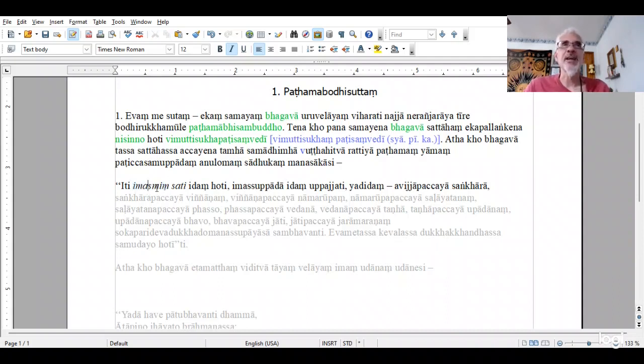This is the demonstrative pronoun this. And then we have this participle, also neuter locative singular. This is from the verb to be. The root is like as, us.